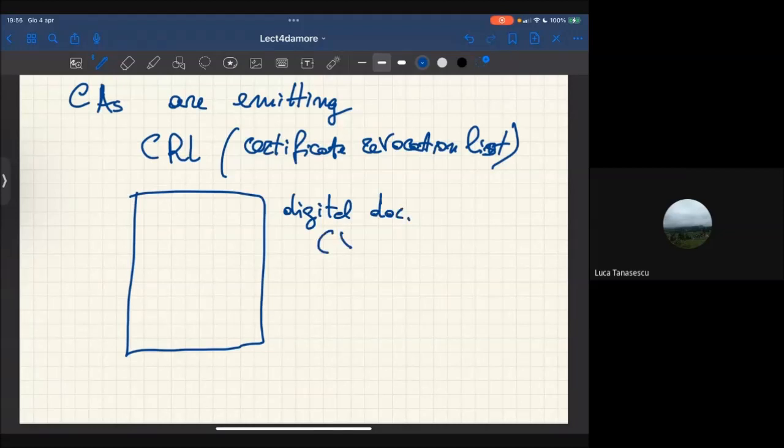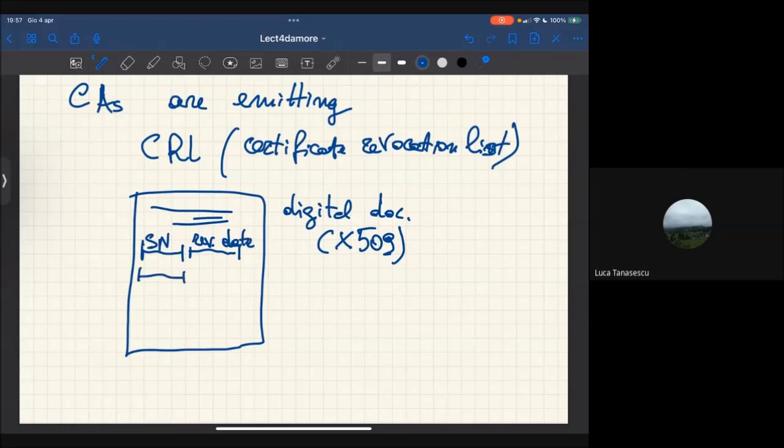According to the standard, it contains a lot of information, but in particular the most important part is a serial number, a revocation date, another serial number, another revocation date, and so on.